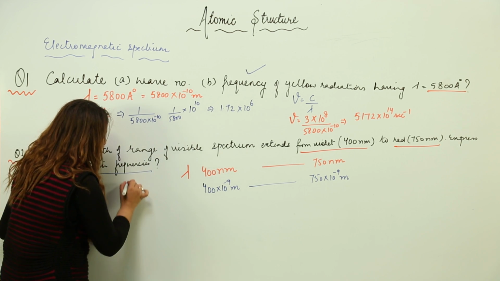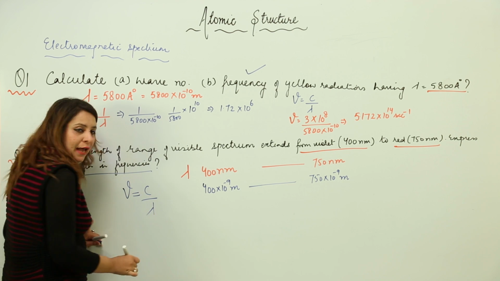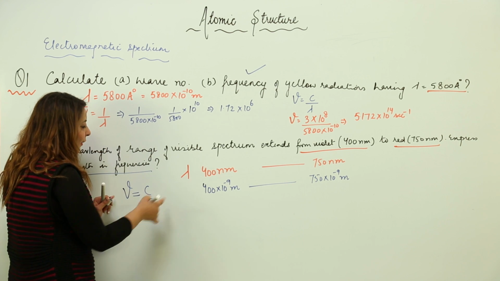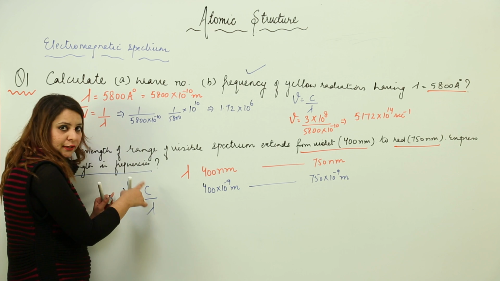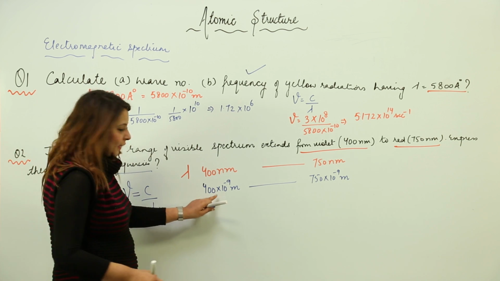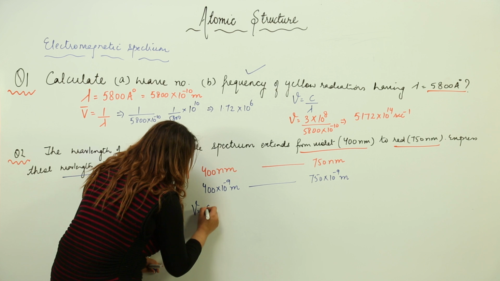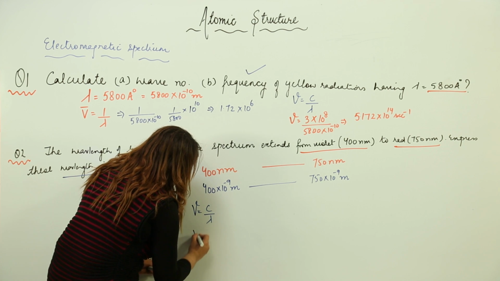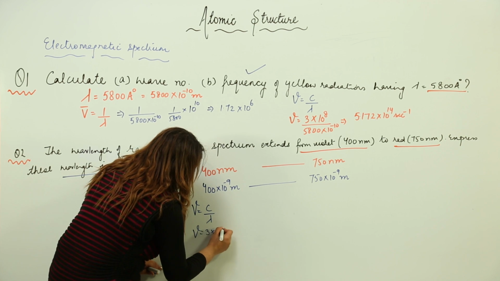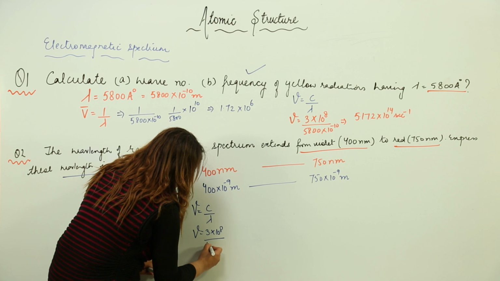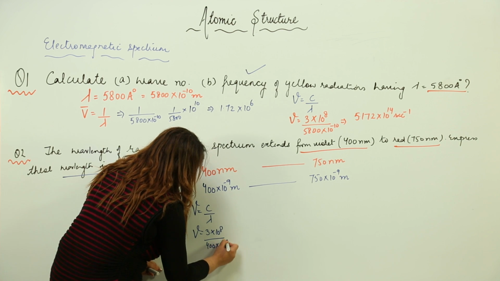Again, you are familiar with the relation nu is equal to C over lambda. So we are going to use the wavelength to find nu in this case. Nu is equal to C over lambda, where C is 3 into 10 raised to power 8, and lambda is given as 400 into 10 raised to power minus 9.